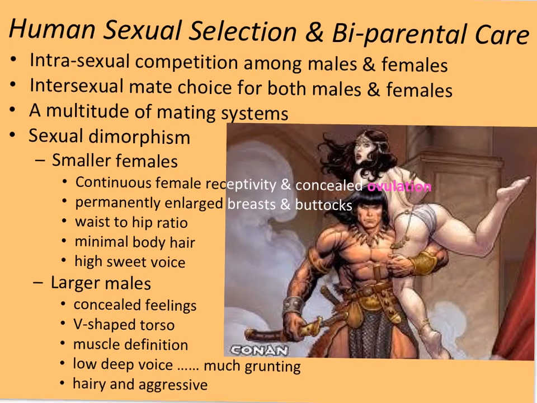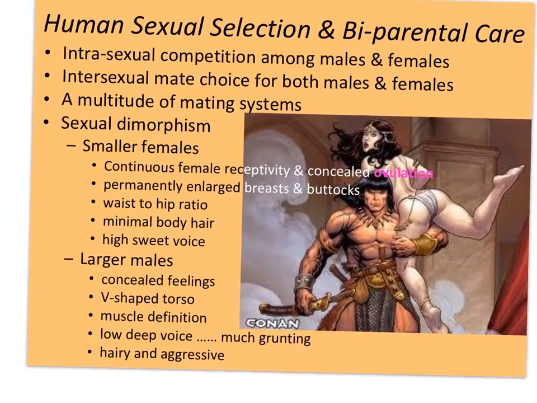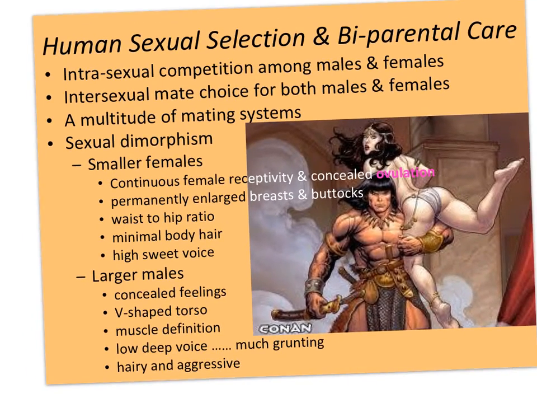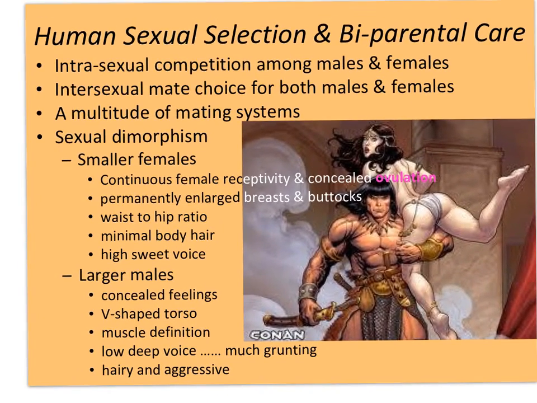Now, human sexual selection and biparental care. In many species, it's the female who provides most of the resources. Like the manakins, those male manakins don't help the female raise offspring.